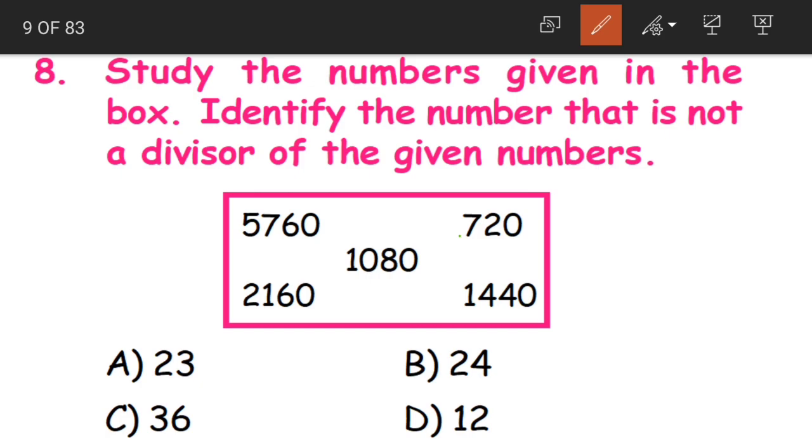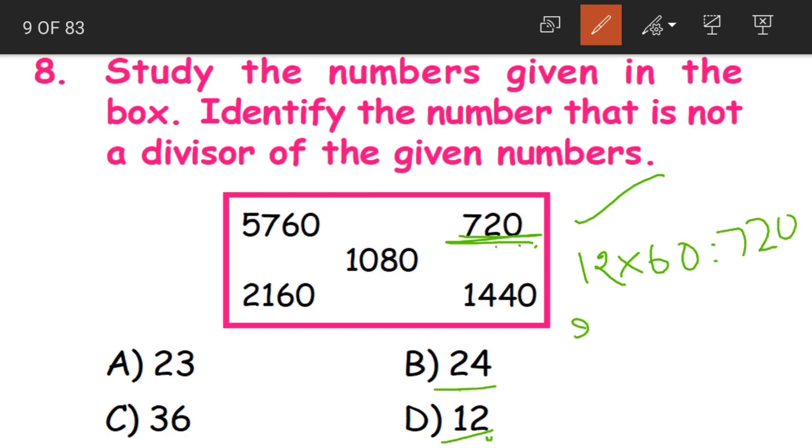Now you can take one number and solve. For example, 720. Let us see if it is divisible by 12. Yes, it is divisible by 12. 12 60s are 720. Now 24 into 30. 3 4s are 12. 3 2s are 6 plus 1, 7. 24 into 30 becomes 720.